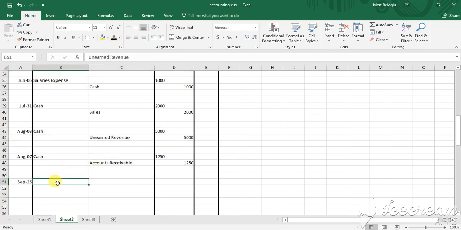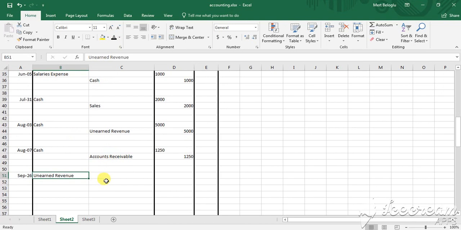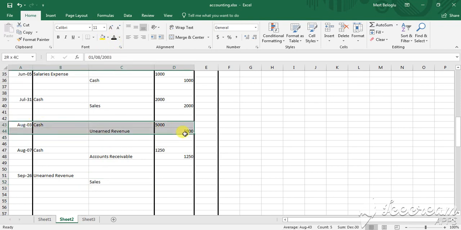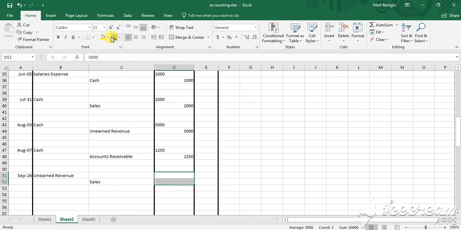So on September 26th, we debit unearned revenue, which is a decrease in liability, and credit sales, which is revenue. And the amount from August 3rd was $5,000.